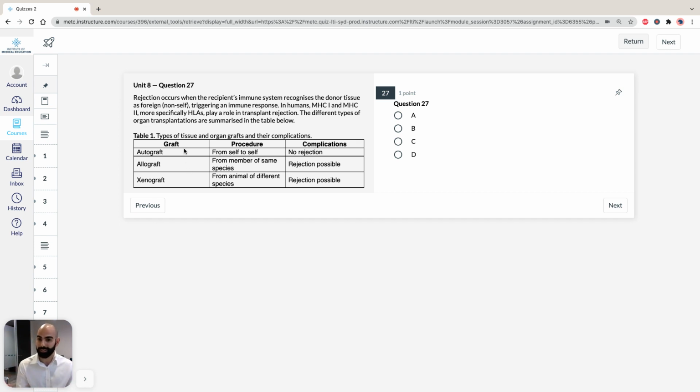If we take a look at this table, we've got autografts, allografts, and xenografts. Starting from the bottom, xenografts. I worked in a cancer research lab, and we often xenografted human tissue or breast tissue onto mice. A xenograft is a transplantation from an animal to a different species, in my case from a human to a mouse.